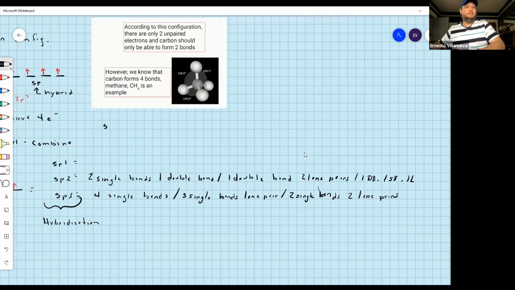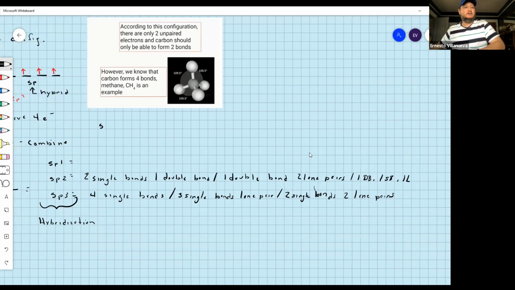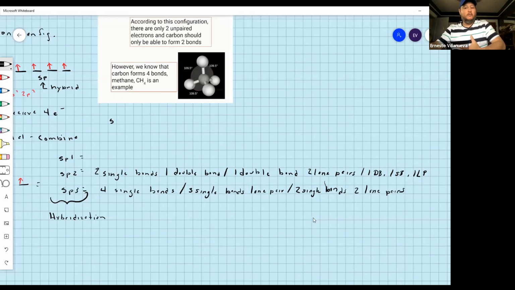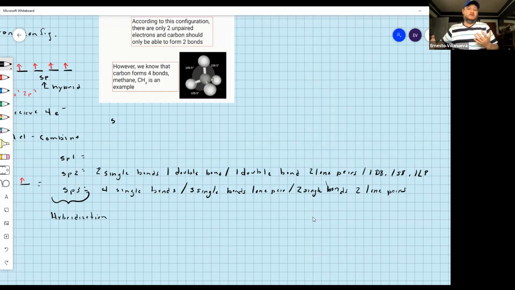Now, I want you guys to pay attention to the pattern here, lone pair. All these are adding up to 4 domains. It's just the way that they're being distributed. That's what you got to pay attention to when trying to determine which sp hybridization you're dealing with. But it has to add up to 4 bonds.